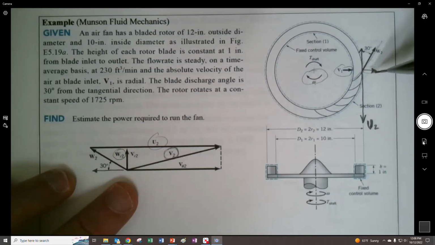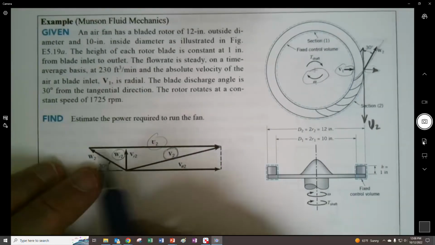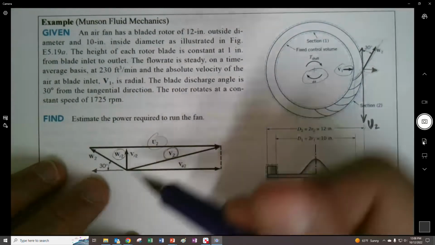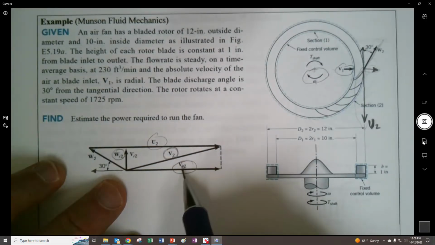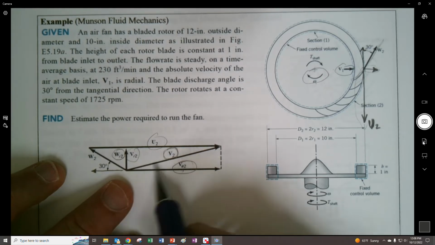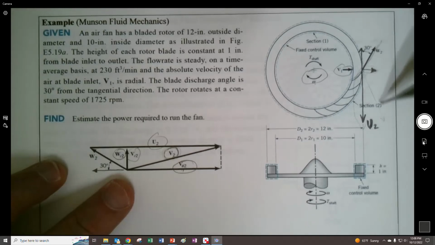They moved this end to end, because here is the actual velocity in the tangential direction, and here is the radial direction. So actually it should be shorter, because we should put that velocity right there.